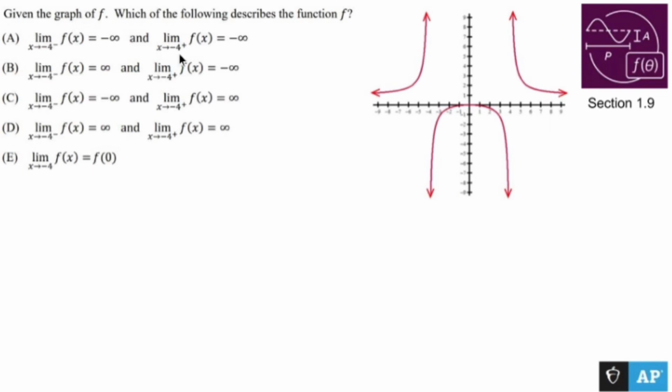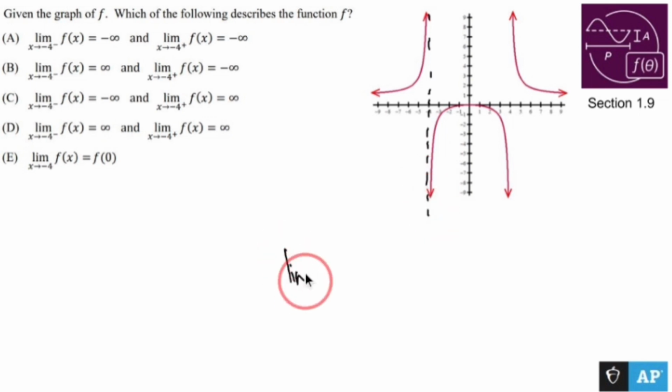Given the graph of f, which of the following describes the function of f? So it's given me all of this left-handed and right-handed notation stuff, and stuff either happens at -4 or just -4. So let's see what happens as the limit approaches -4 from the left side and the right side. Here's -4, okay?